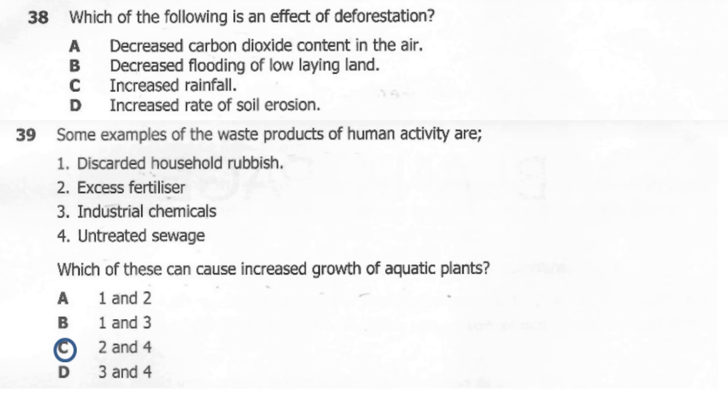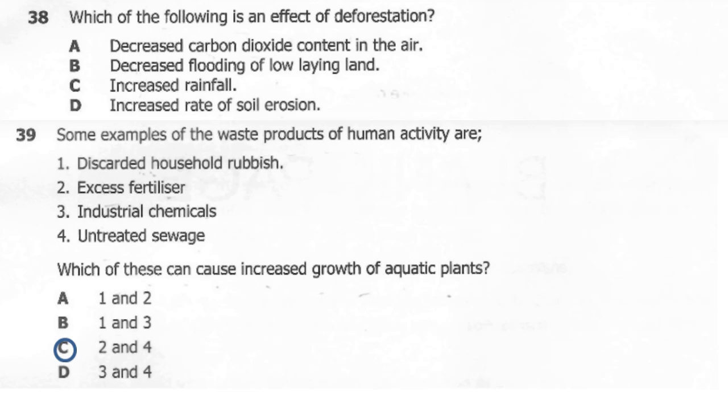So here our answer will be D, increased rate of soil erosion. When we cut down trees, the soil is washed out because the tree holds the soil. So our answer is D.